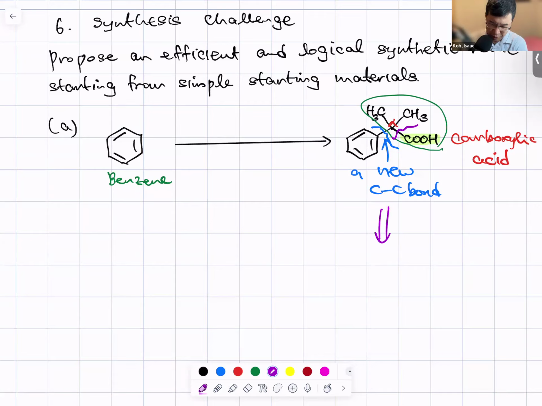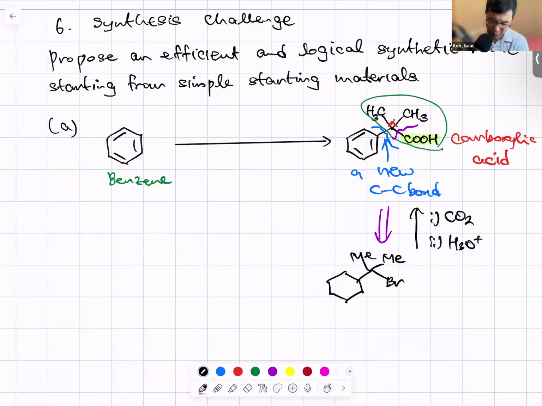So here we can make this into methyl, methyl, and bromine. Then we can use carbon dioxide, dry ice, followed by acidic workup, and then we can make the carboxylic acid.